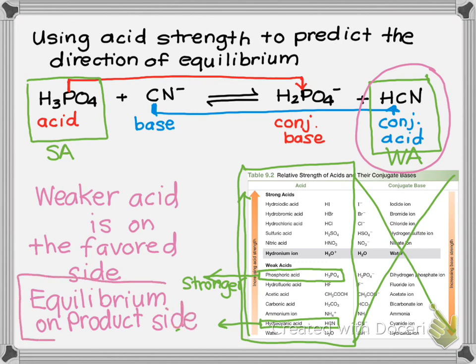The equilibrium is on the product side, which would mean if we put the two reactants together, it would produce more products than it would have reactants. So the equilibrium is on the product side. If you want to see more examples of this, look under class lessons, where you can see some other examples worked out.